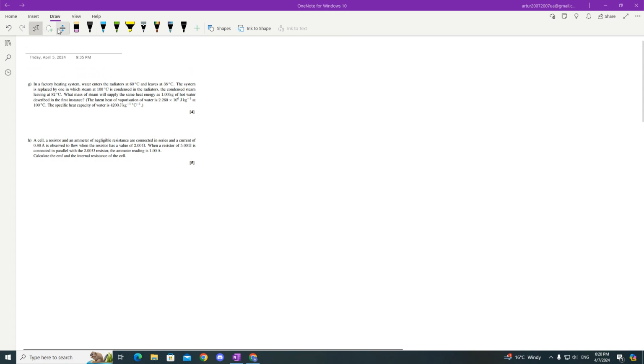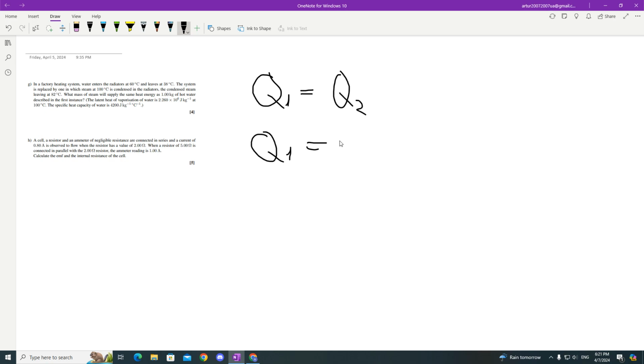So let's start. In this case, we know that Q1 is equal to Q2. Q1 is equal to the mass of water, it's 1 kilogram, multiplied by the specific heat capacity, this one, and multiplied by the change of temperature, T1 minus T2.